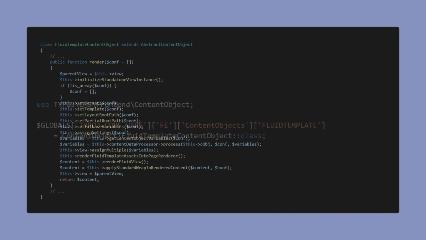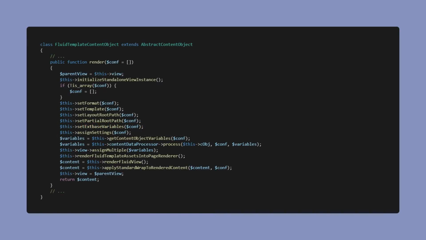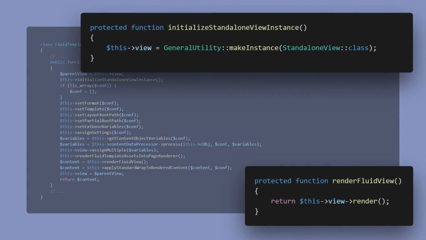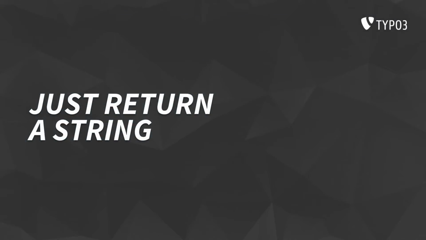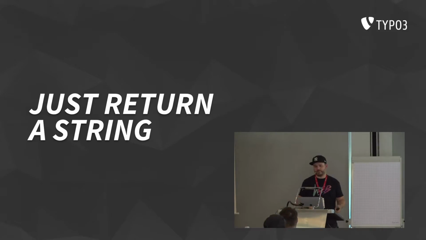If we jump into this class for a moment, they always have a render function. The important part of the render function for Fluid template is that we initialize a new view and render that view. That just returns a string in the end. This is how C objects work.